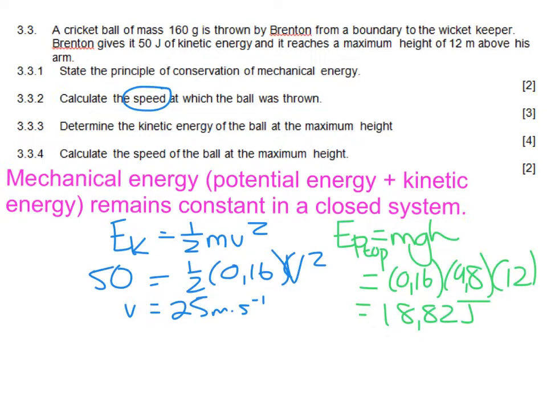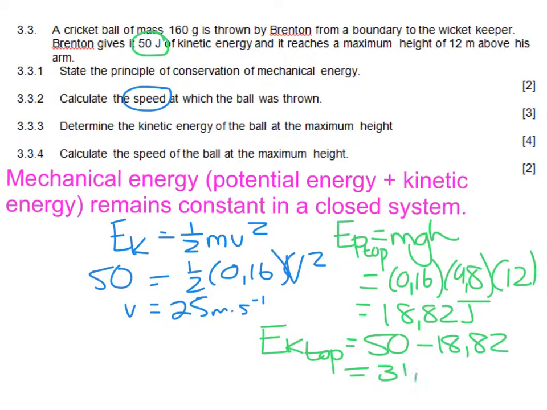The total potential and kinetic at the beginning was 50, so at the top the kinetic is equal to the total mechanical energy minus what is potential, and I have still got kinetic energy going horizontally at 31.18 joules.